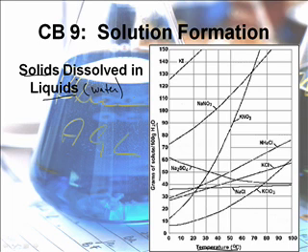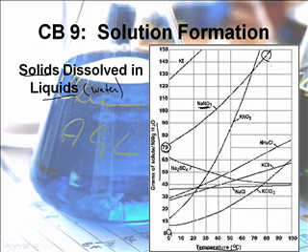Water is the solvent. And so, for example, I have sodium nitrate. At 0 degrees, you could dissolve 70 grams of sodium nitrate in water. However, if you were to come up here to 80 degrees Celsius, you could dissolve 150 grams of sodium nitrate in water. So it's a function of temperature.